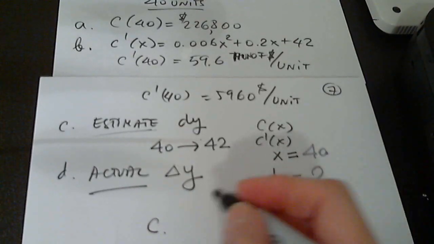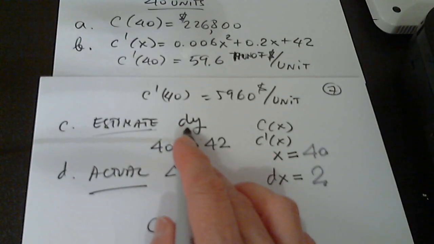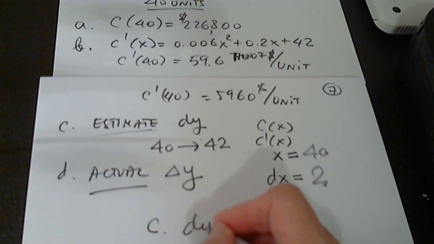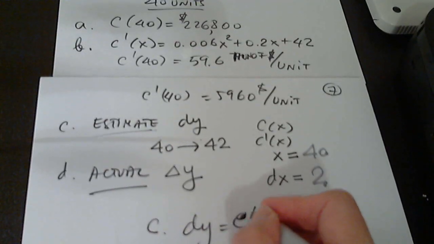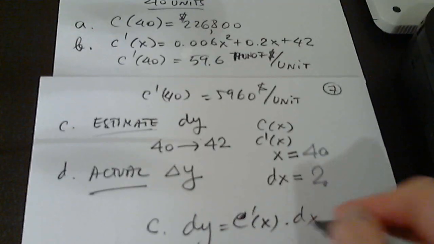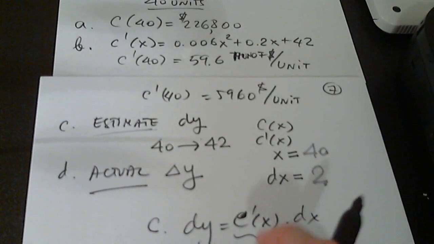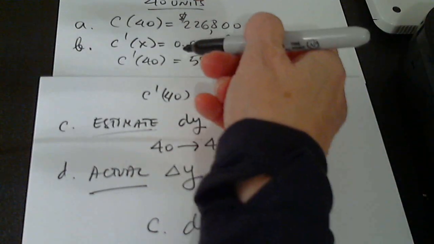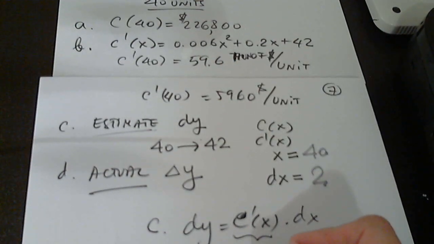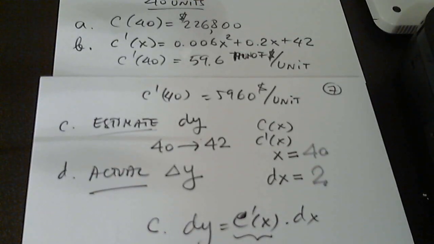So for part C, we're only asked to determine dy. Okay, so dy is c prime of x times dx. I have c prime of x, which is c prime of 40. We just determined it: 59.6, or if you want, 5960, multiplied by dx, which is 2.